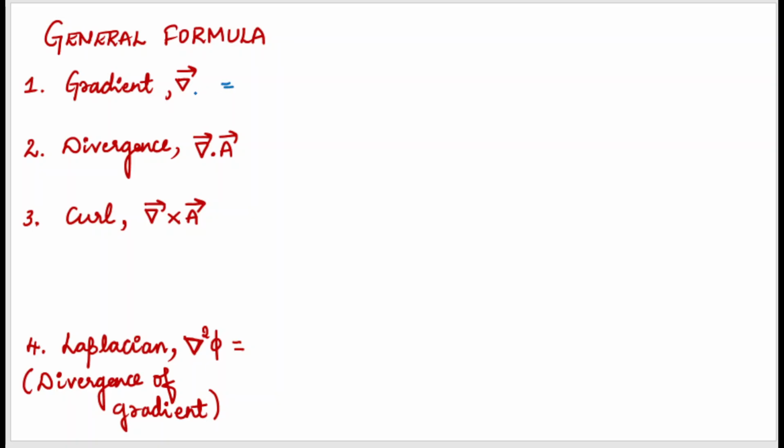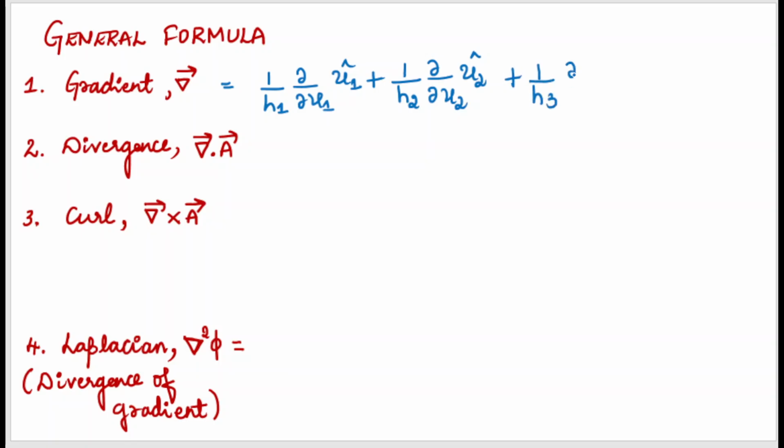The general formula for the gradient can be written as 1 divided by h1, the multiplier, dou divided by dou u1 into u1 cap, plus 1 divided by h2, dou divided by dou u2 into u2 cap, plus 1 divided by h3, dou divided by dou u3 into u3 cap. Okay, this is a general formula. We can apply this formula for all three coordinate systems: Cartesian, spherical, or cylindrical.